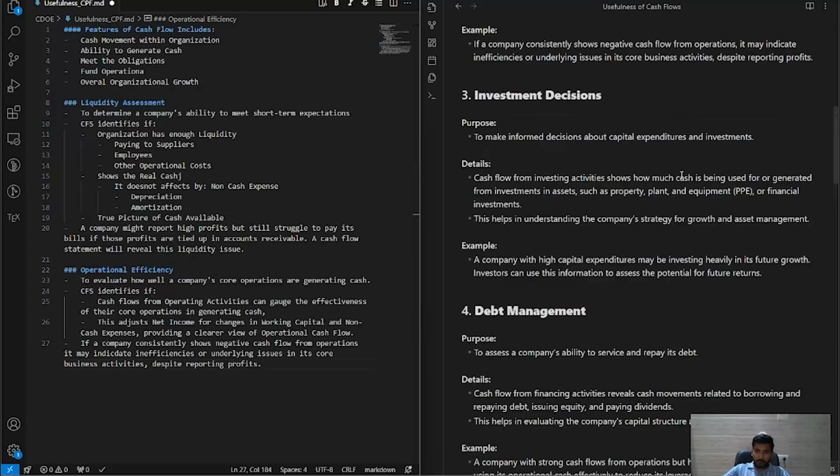Then third comes the investment decisions, to make informed decisions about capital expenditure and investment.